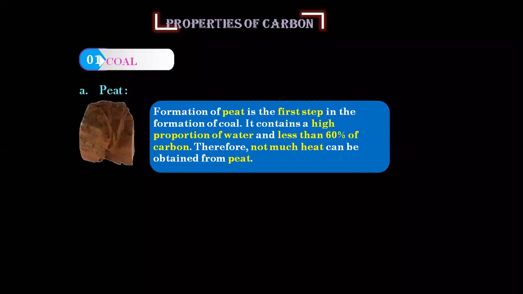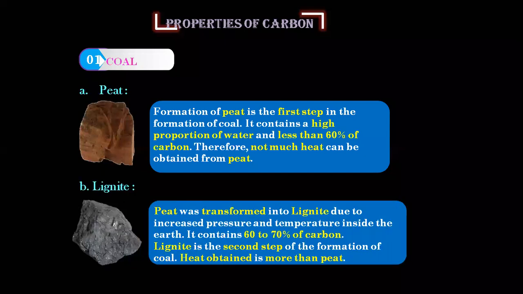Yes, these stages occur in nature. The second one is lignite. Under lignite, students, peat was transformed into lignite due to the increased pressure and temperature inside the earth. As you all know, we find coal during the mining process. This one contains around 60 to 70% of carbon.